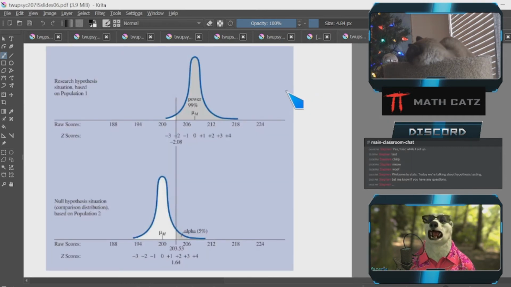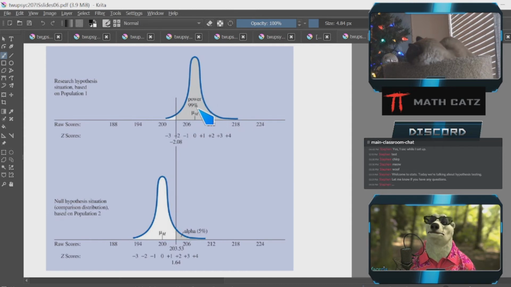So if we look at the same situation, however, we have a much larger sample and therefore a much smaller variance. Then in my comparison distribution, I still have an alpha of 5%, giving me a cutoff. If I follow that up, the areas under the shifted distribution look much different.